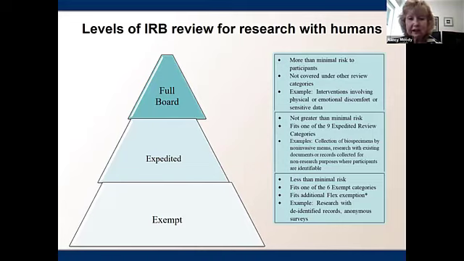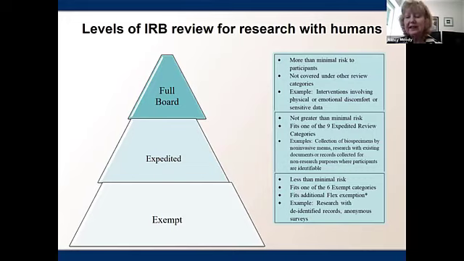Expedited generally links to the individual, and exempt is a carve out, if you will, of the federal regulations: there are certain categories that the federal government says is human subjects research, but it does not need to be followed by the IRB. So it's one and done.